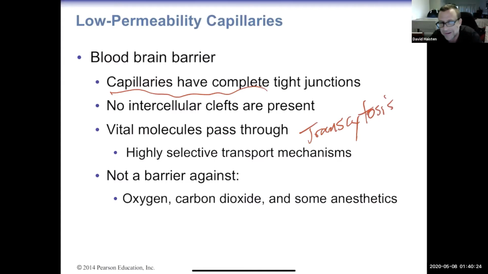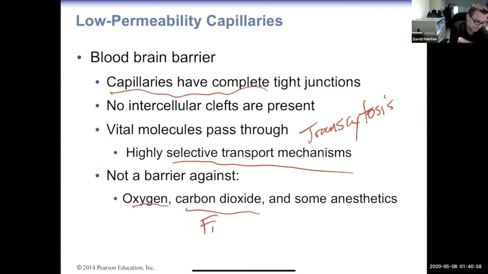So whatever your brain needs, the glial cells, astrocytes, are going to be there. They're involved in transcytosis, actively moving things out of your capillaries to your neurons, like glucose, stuff like that. And of course, glucose is in the cerebrospinal fluid. Highly selective transport mechanisms. Okay, your blood-brain barrier is not a barrier against oxygen or CO2 and some anesthetics because they can freely diffuse, like a ghost through the wall.